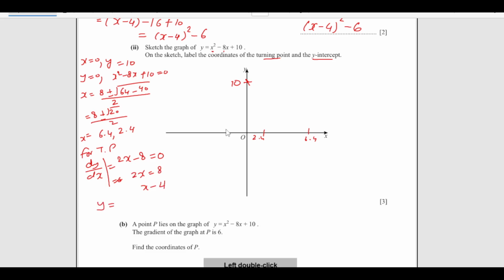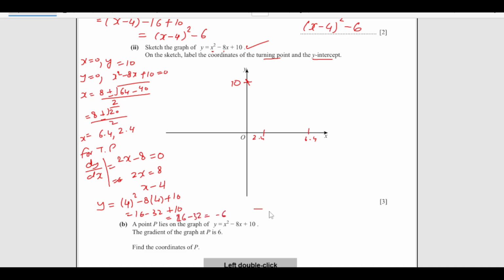We are just going to take this equation, x squared replaced by 4, 4 squared minus 8 into 4 plus 10. So this is 16 minus 32 plus 10. So this is 26 minus 32. So this is negative 6.